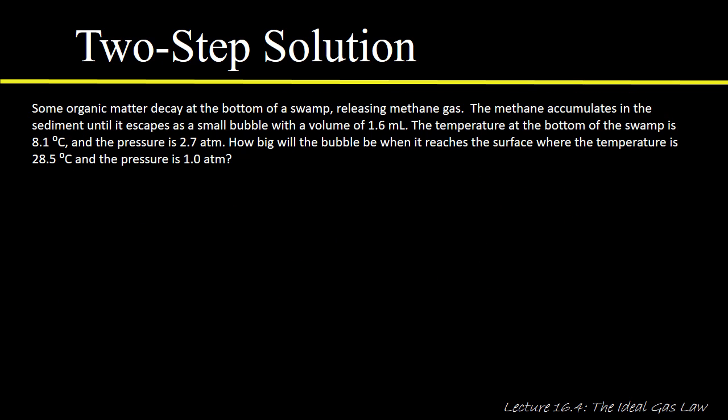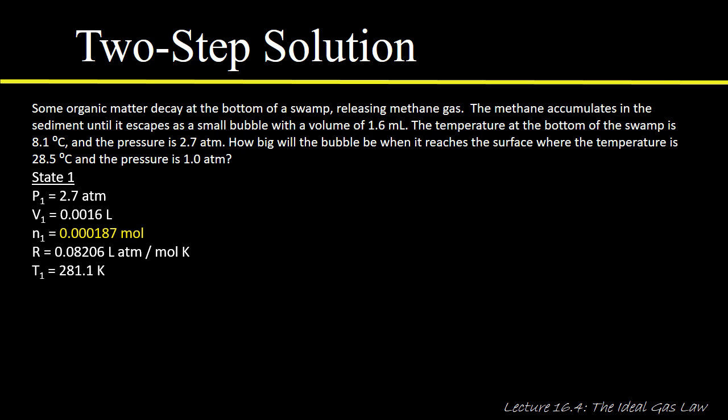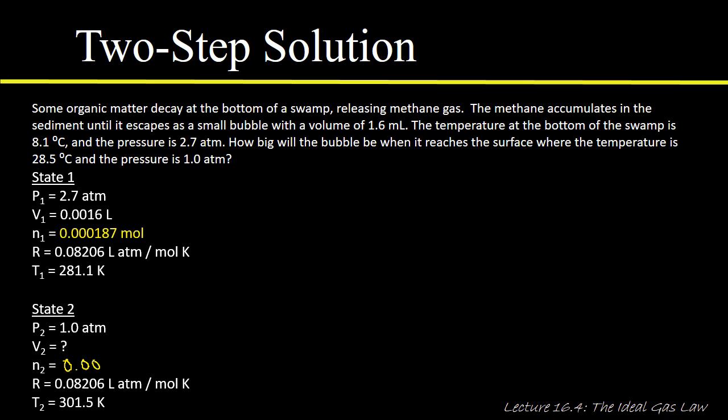All right. So we just went through this and looked at our state 1 variables. We calculated the number of moles as 0.000187 moles. So we can take that and now use that information here for n2, because the number of moles isn't changing, right?